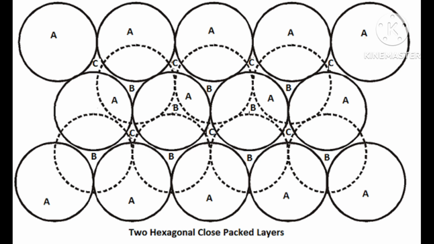Means after keeping all the things one above the other in the hexagonal case, if you take any four spheres, you will find that it takes the shape of a tetrahedron, because in the middle one sphere will be there.